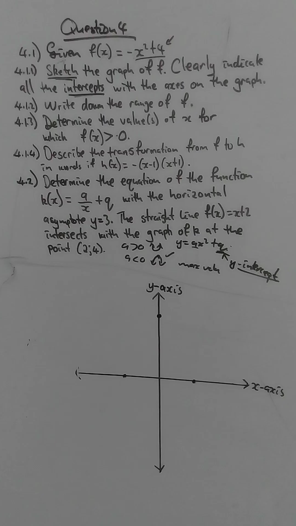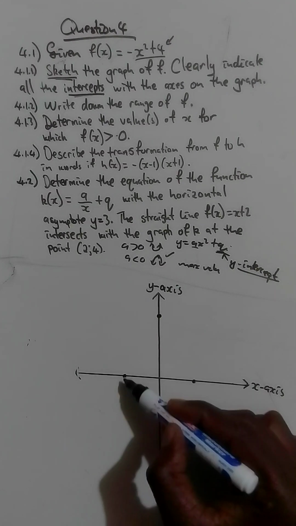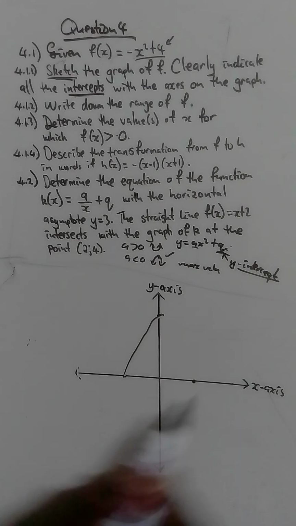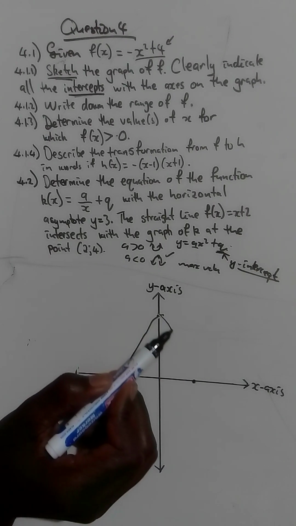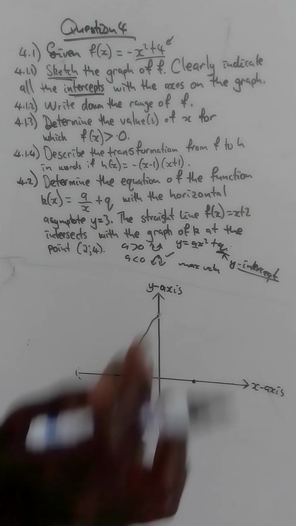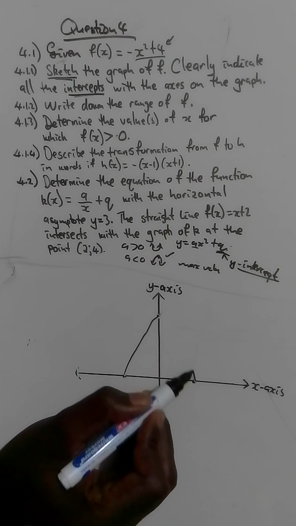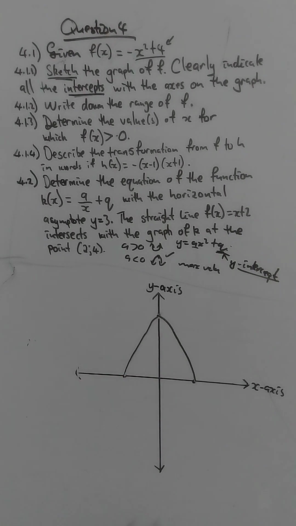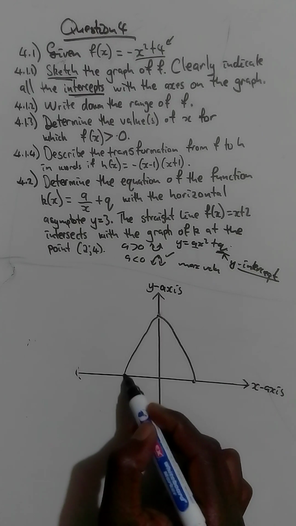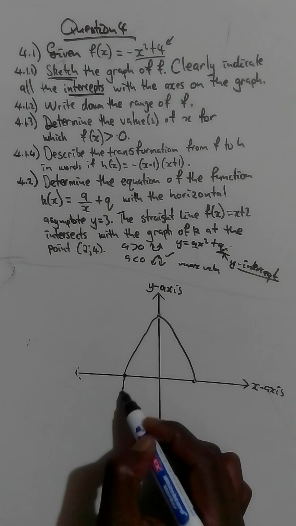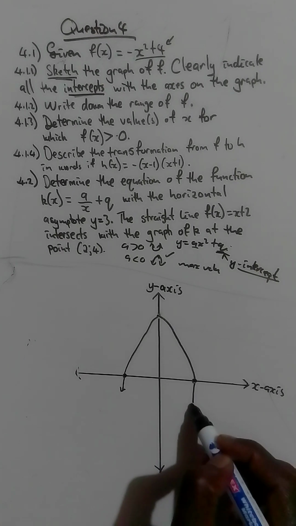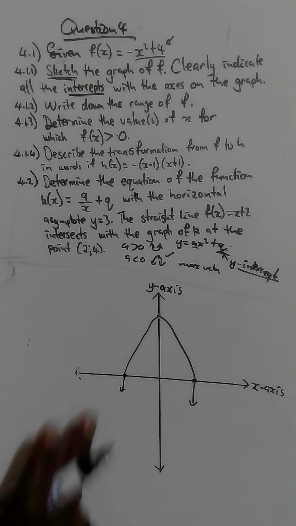So remember, a parabola should have a curve. So now I do that. I don't like how I drew that, so let me start from the bottom. Okay, all right. And then I mustn't forget to show that it's continuous.